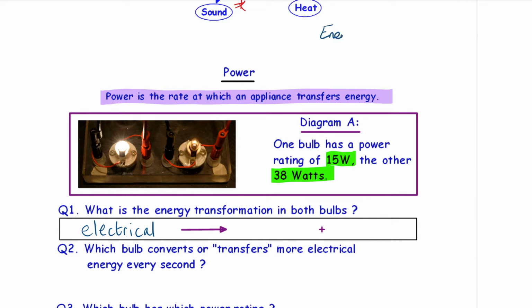So the unit of energy is joules, symbol capital J. Power is measured in watts, capital W.